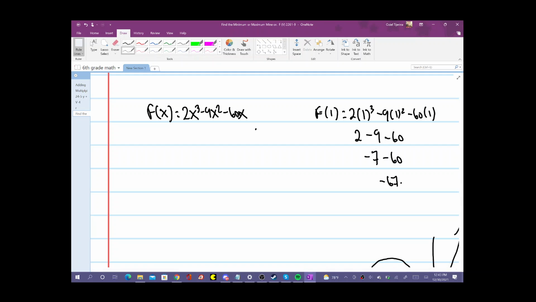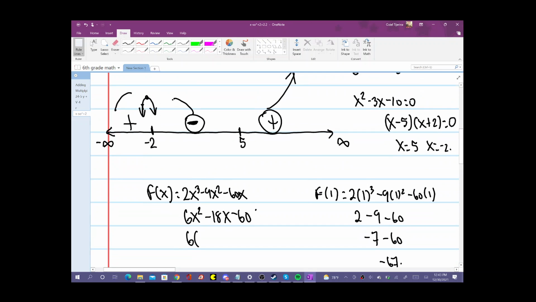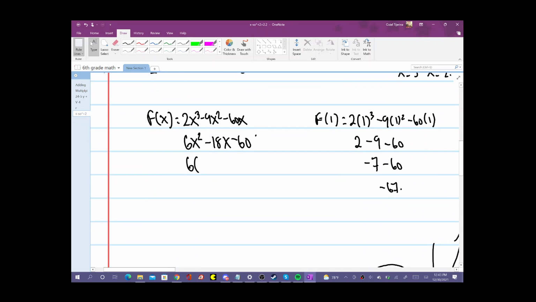If we plug into the derivative, so the derivative is 6x squared minus 18x minus 60. The derivative, so then we have 6 times 6 squared minus 18 times 6 minus 60. This is actually 6 times 36 minus 18 times 6, which is 108 minus 60.